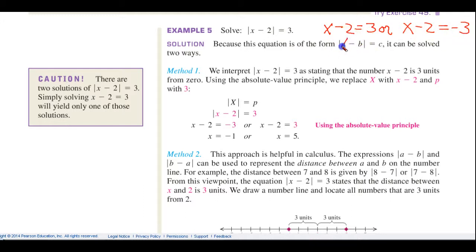So we just go to solve it. X equals, transpose that, becomes a 5. X equals, transpose that, again it's a positive 2 and a negative 3 becomes a negative 1. So there are your answers.